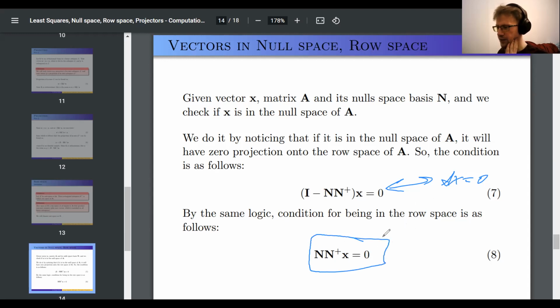In order to write something like this, to check row space, I will just write it for you. You don't have to memorize it. It will be something like this. This would be the condition to check if the vector lies in the row space.